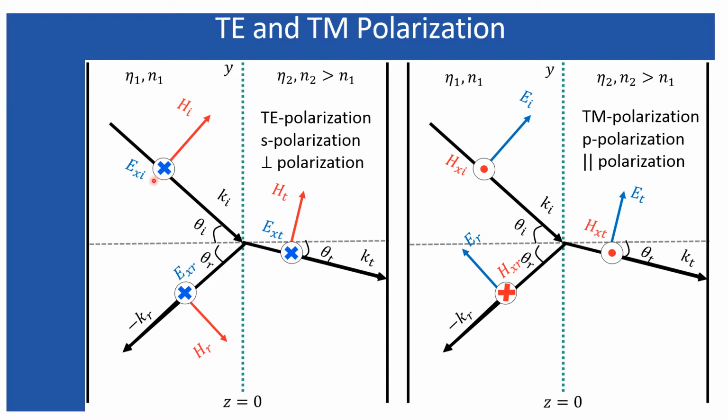Only the electric field is perpendicular to that particular plane. Therefore, such kinds of orientations are called the transverse electric polarization, because the electric field is transverse, or perpendicular, to the plane of incidence.